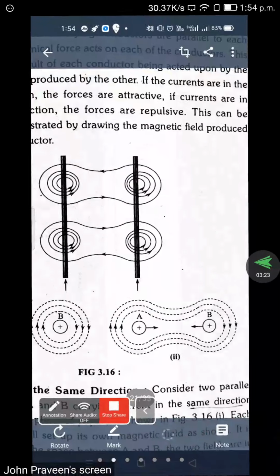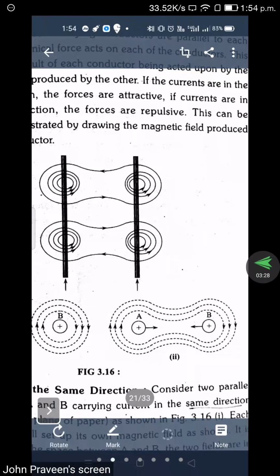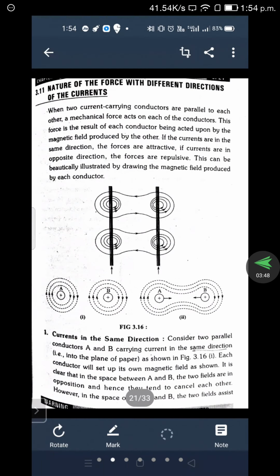Simply remember one concept: whenever the current direction is the same, an attraction force will exist between the two conductors, and the fields are enlarged or added together and a common field will be set up. That is what we wanted to discuss about the same direction.